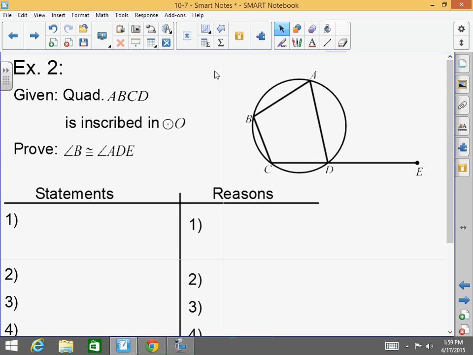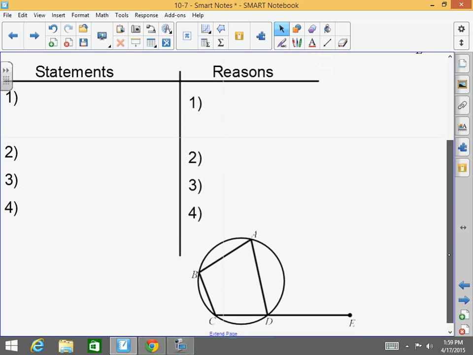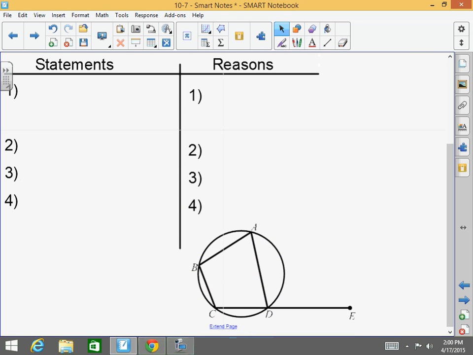Alrighty. Now, let's see how this works in a proof. Quadrilateral ABCD is given, and it is inscribed inside of circle O, as you can see in the figure to the right. They want to prove that angle B is congruent to angle ADE. So as always, I have my figure down here, guys, so we can relate to it.